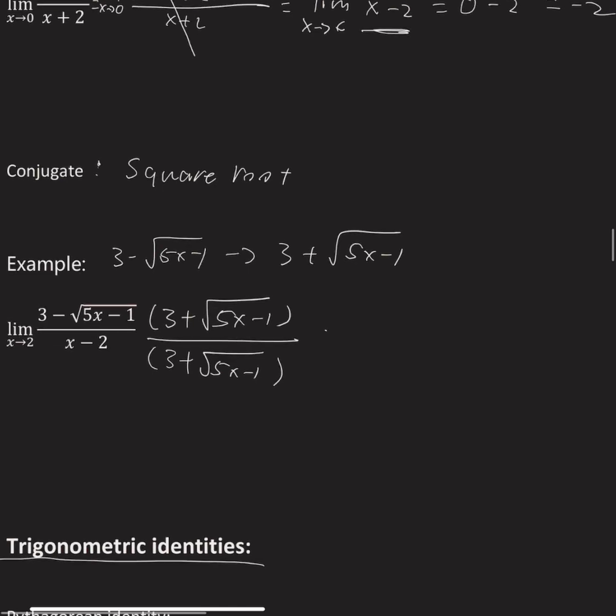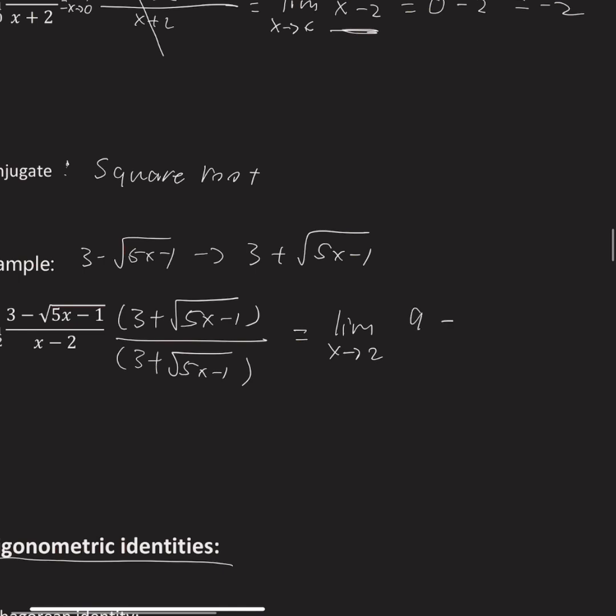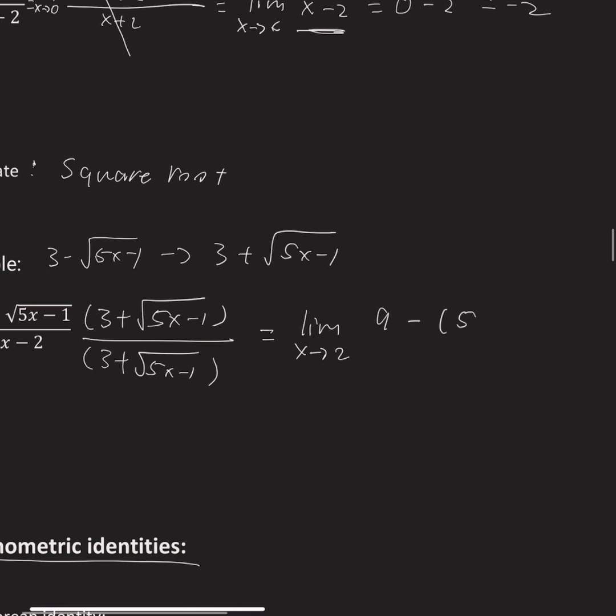That we can equal to, well, 9. Actually, let's write the limit notation first because we're solving for the limit. 9 minus 5x minus 1 over x minus 2 times 3 plus square root of 5x minus 1.